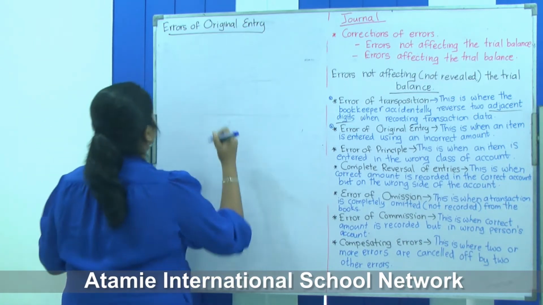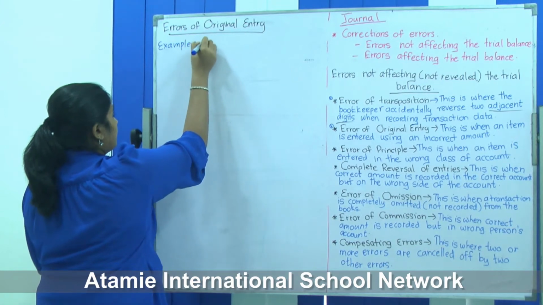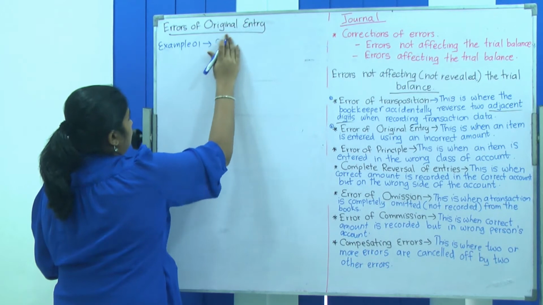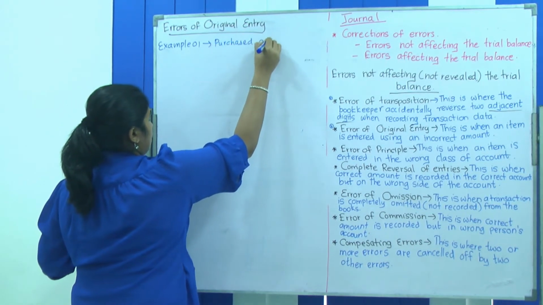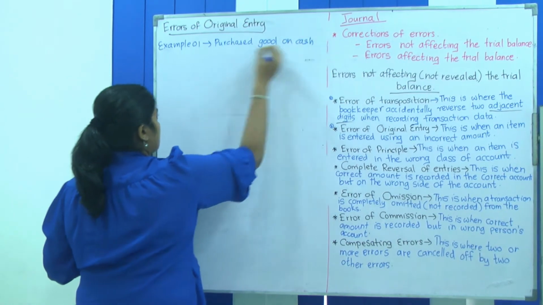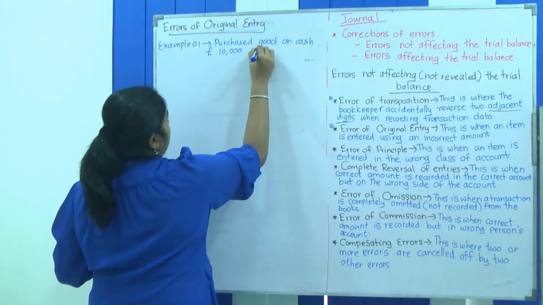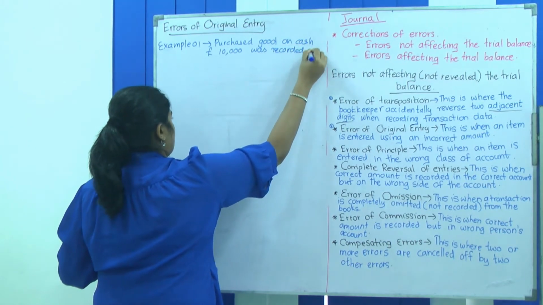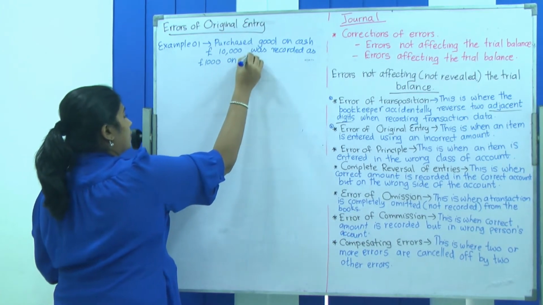For an example, I'll be doing two examples for this error as well. Example number 1: purchased goods on cash, 10,000 was recorded as £1,000 on both accounts.